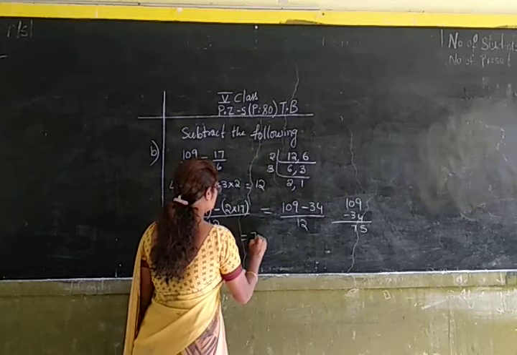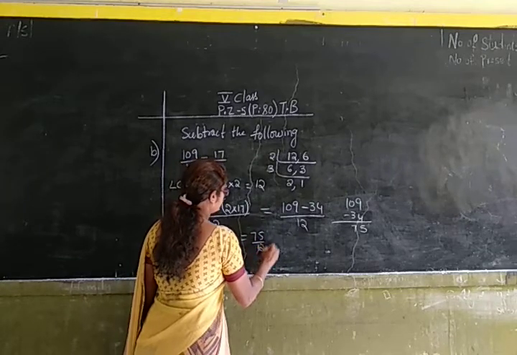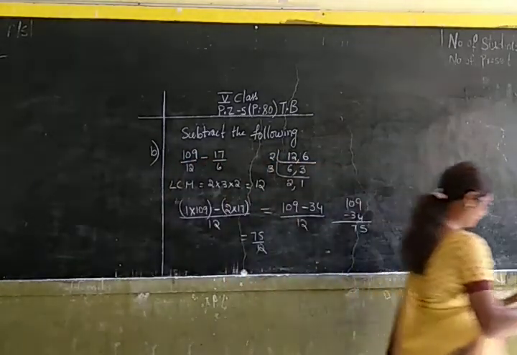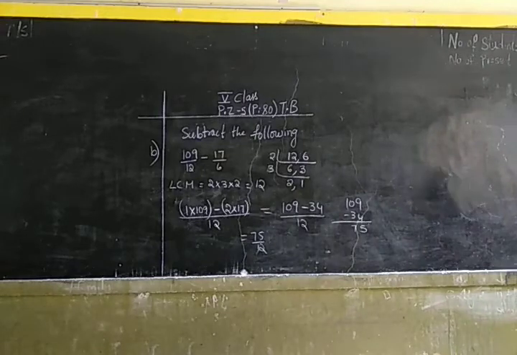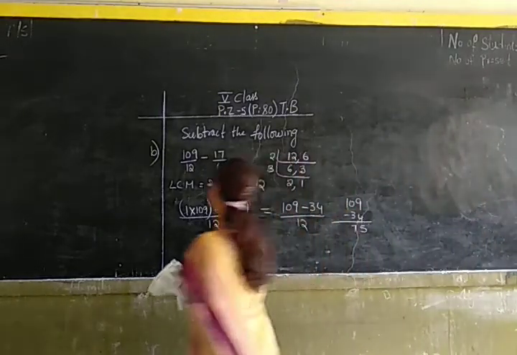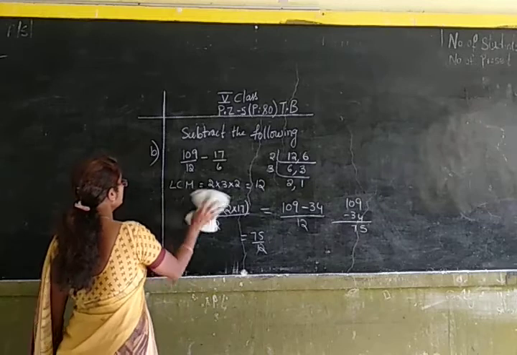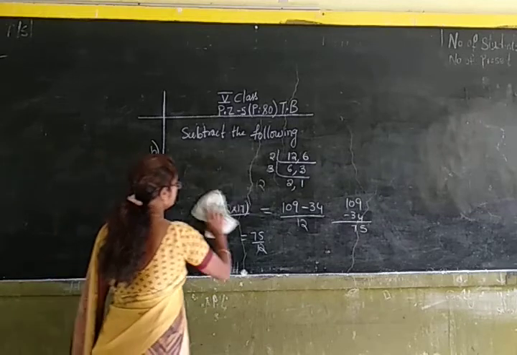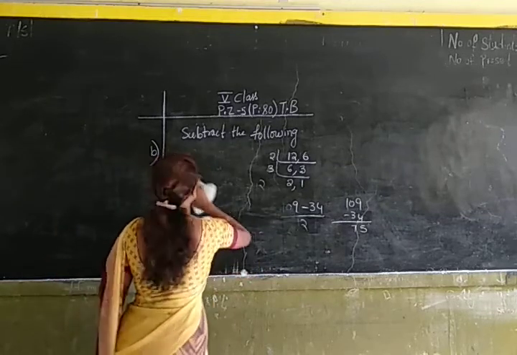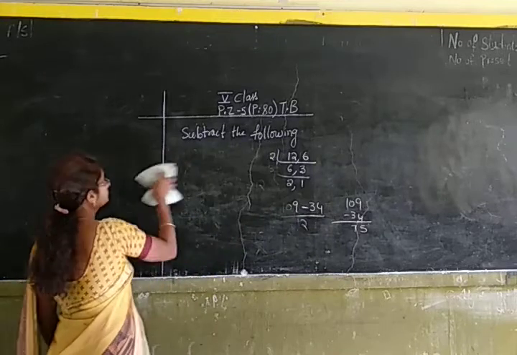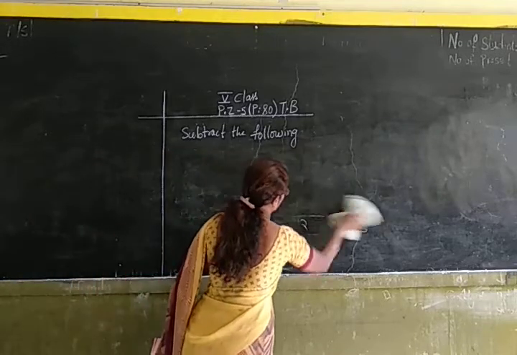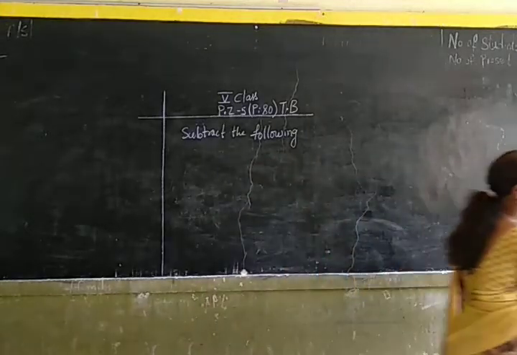So the answer is 75 by 12. Okay children? The answer is 75 by 12. Did you understand children? This is the way of doing the subtraction.